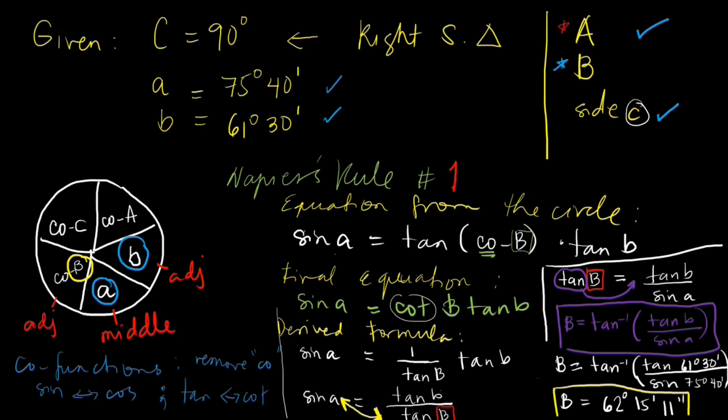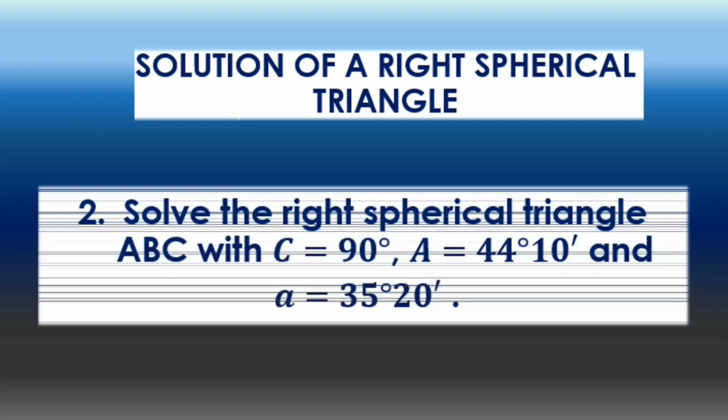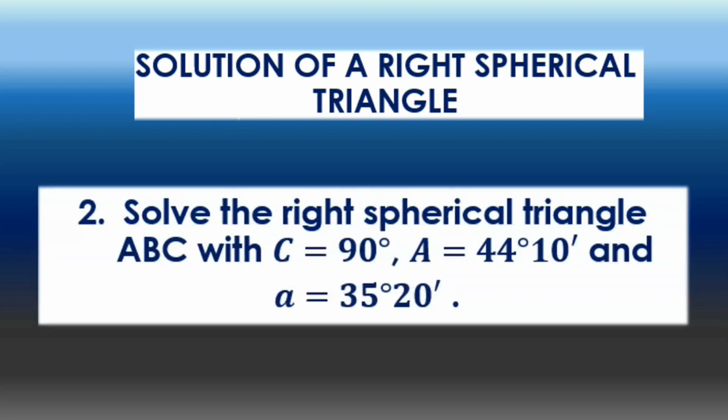Next, let us go back to the slide. We have another example here. Again, solve the right spherical triangle. When we say solve, we need to determine the measurements of the other parts. It is a right spherical triangle ABC, wherein angle C is 90 degrees.